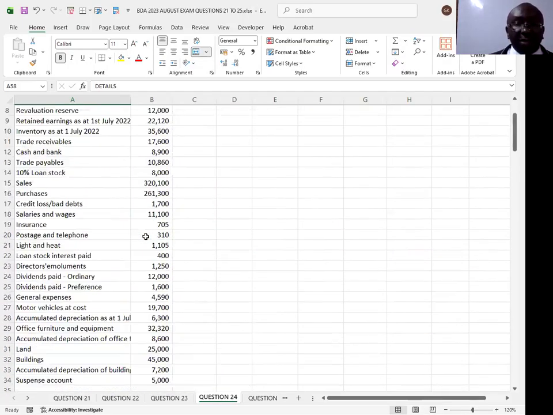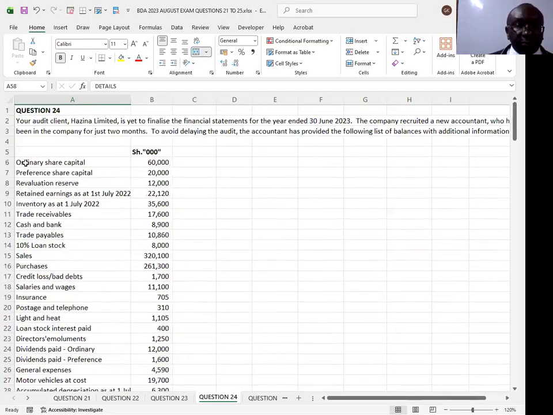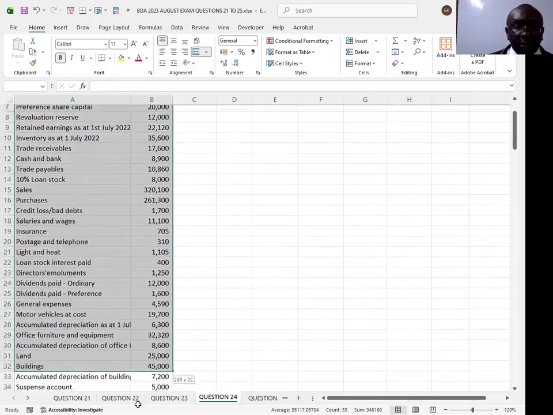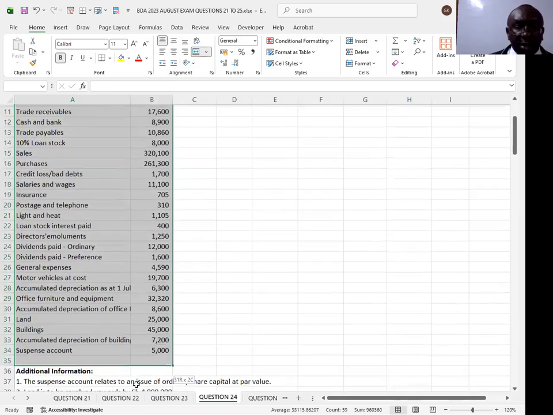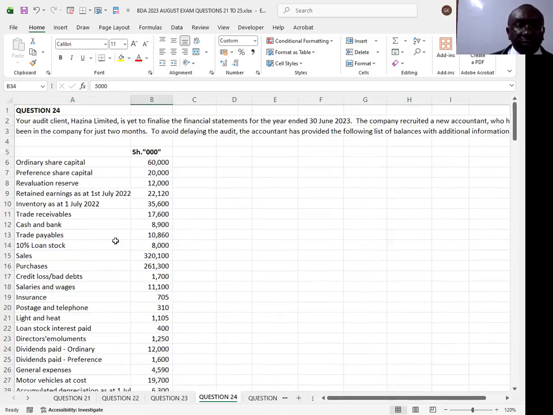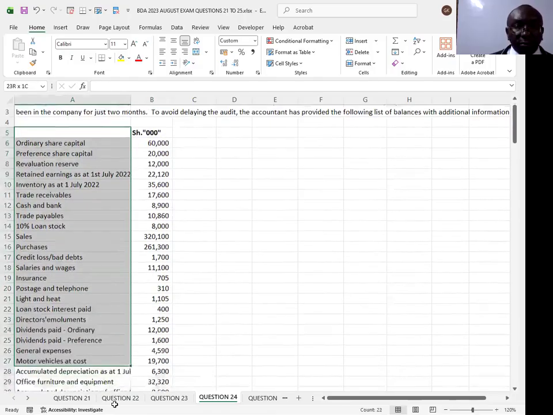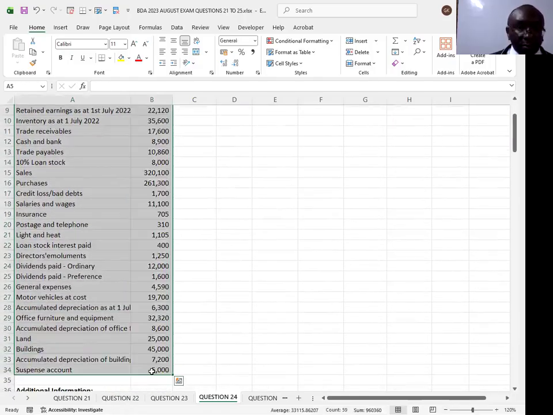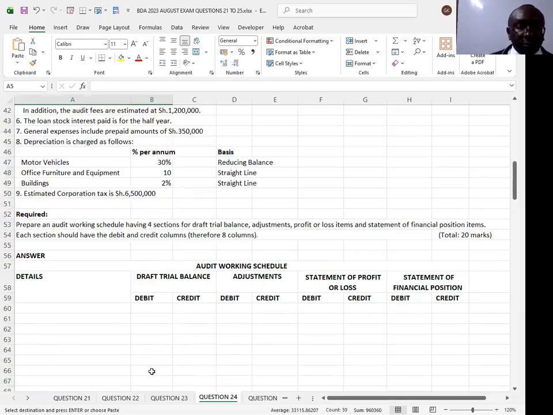So take these balances, starting just here up to suspense. Control C, come and paste them here.